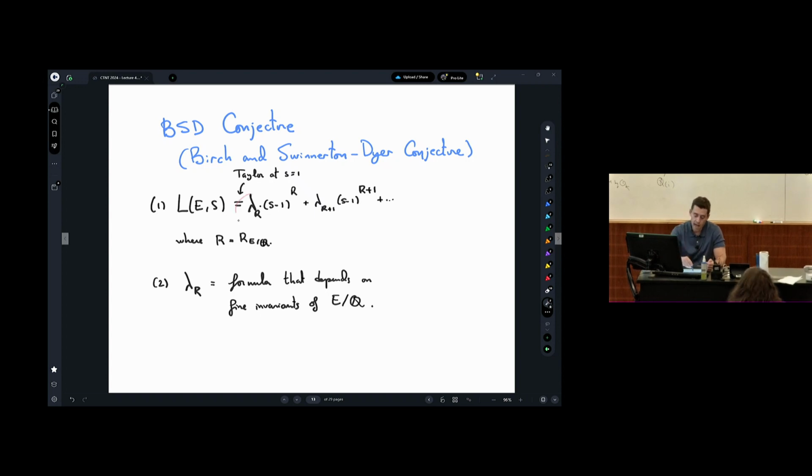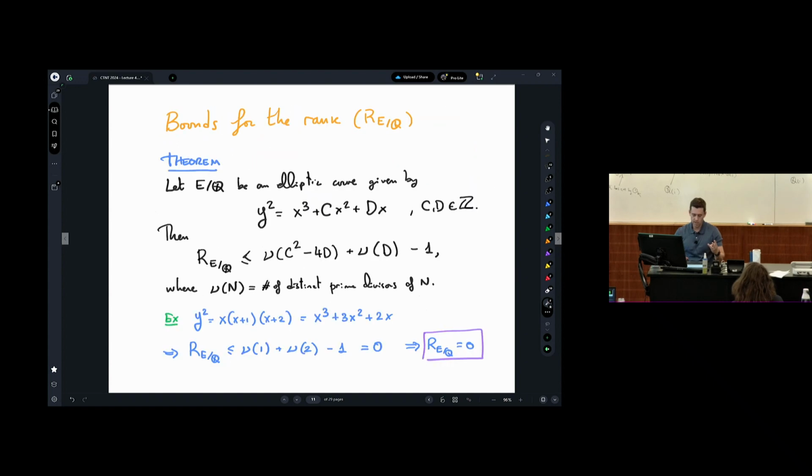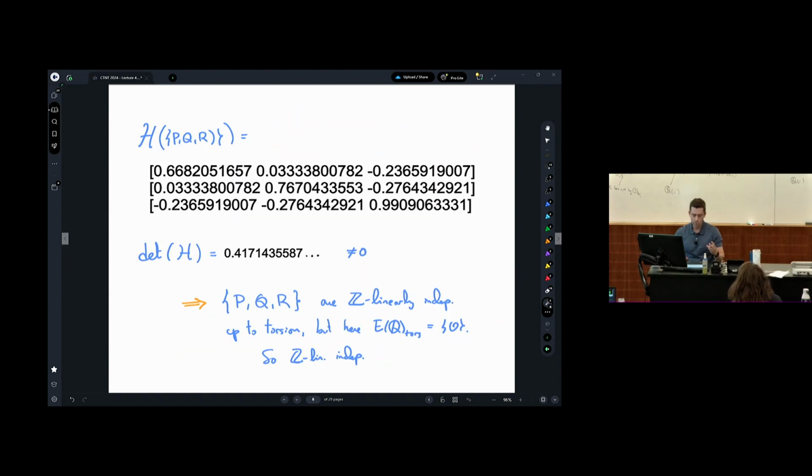It turns out that value is given by a formula, I'm not going to write it here, that is explicit, and it depends on all these fine invariants of the elliptic curve, one of which we just saw today. So if you have an elliptic curve of rank 3, you have 3 generators, and we did this, remember, for this elliptic curve, I computed this number.